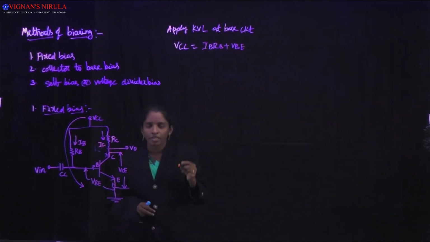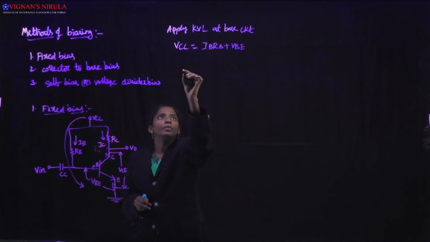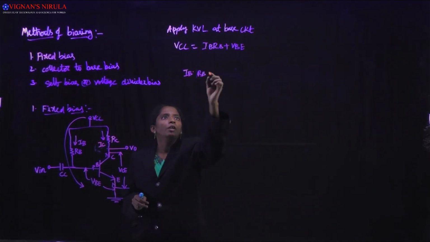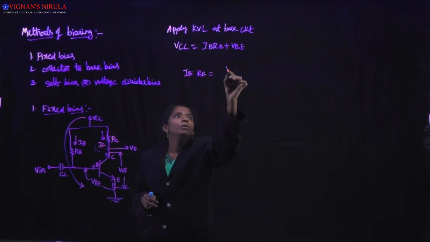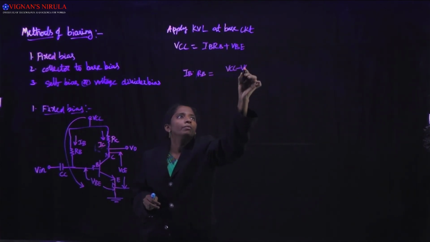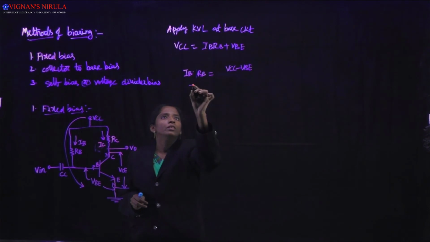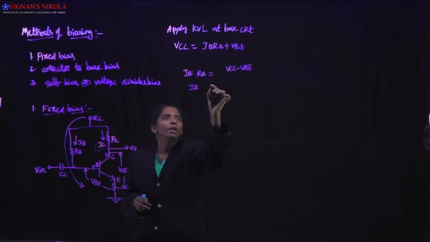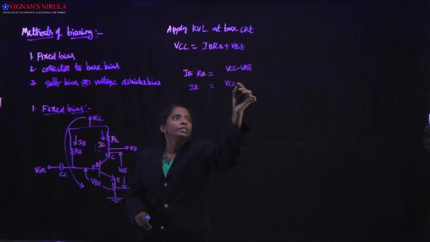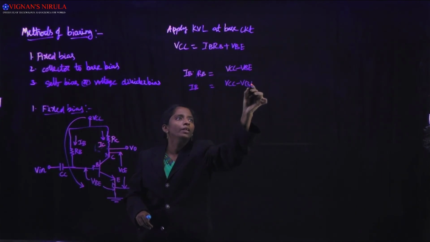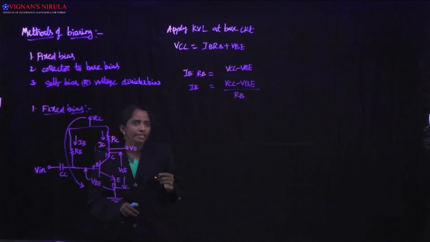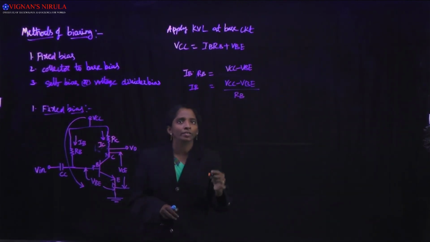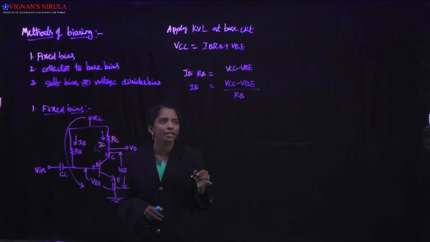From this equation, IB into RB equals VCC minus VBE. Here we want IB, so IB equals VCC minus VBE divided by RB. So IB is independent of IC. IB does not depend on IC.